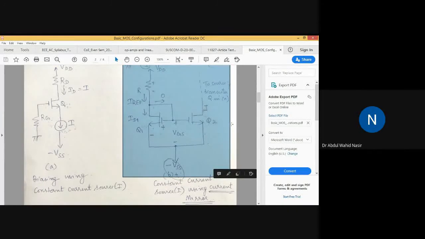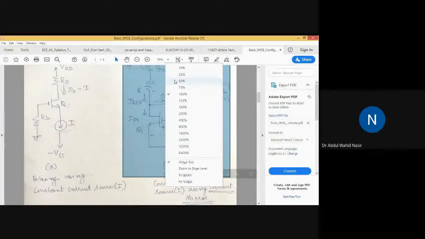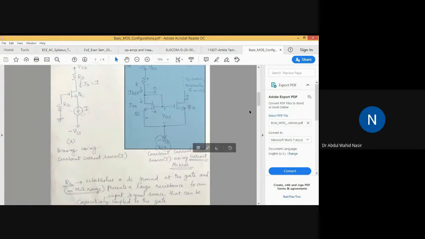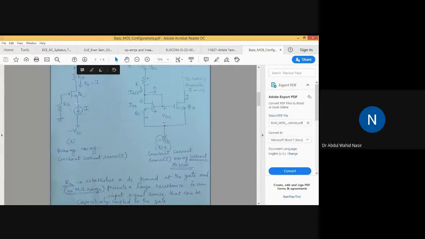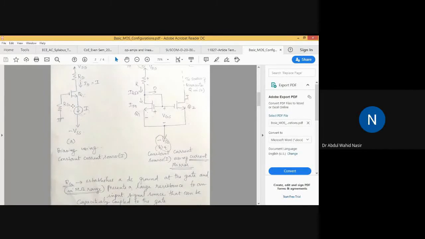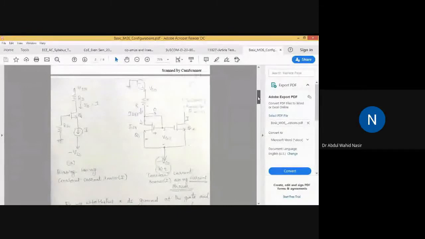This circuit diagram is a constant current source using a current mirror. The current here is constant, because we are using a constant current source for biasing. How can we generate this constant current? We can get this constant current using a current mirror, as shown here.